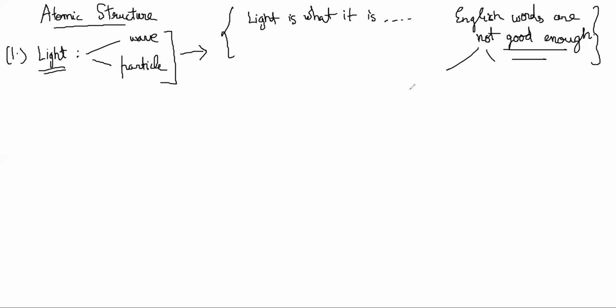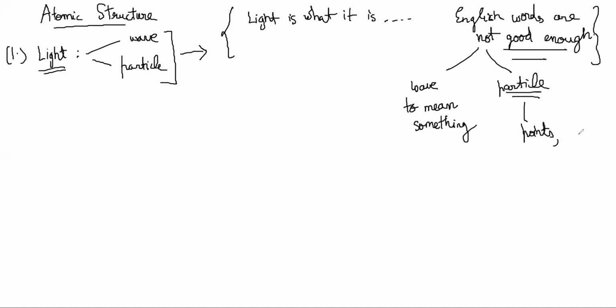So basically, in English, we have understood wave to mean something, right? Wave is a word that means something for us. And particle is another word that means something else. So by particle, I start thinking of points and some masses. They have a fixed position and stuff.